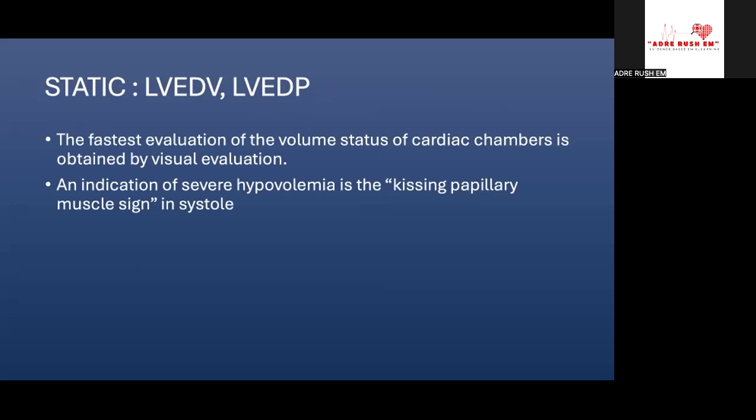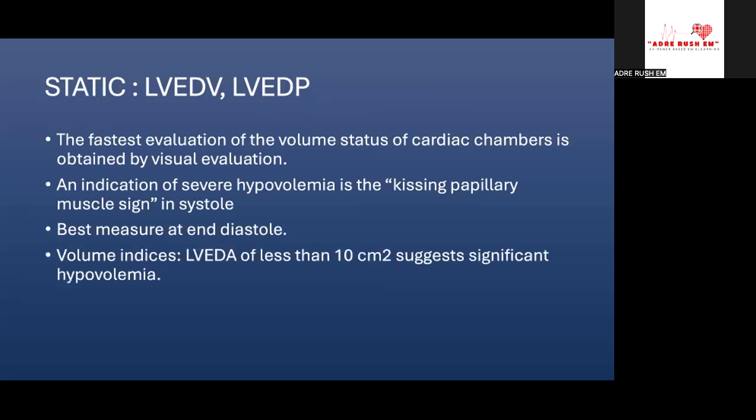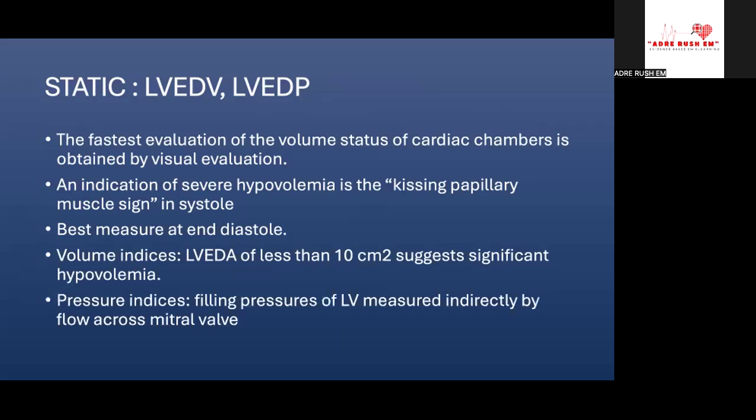In case of severe hypovolemia, you can see a kissing papillary muscle sign in systole, where both the walls come close to each other. It's best measured at end diastole. The volume index: an LV end diastolic area of less than 10 square centimeters suggests significant hypovolemia.